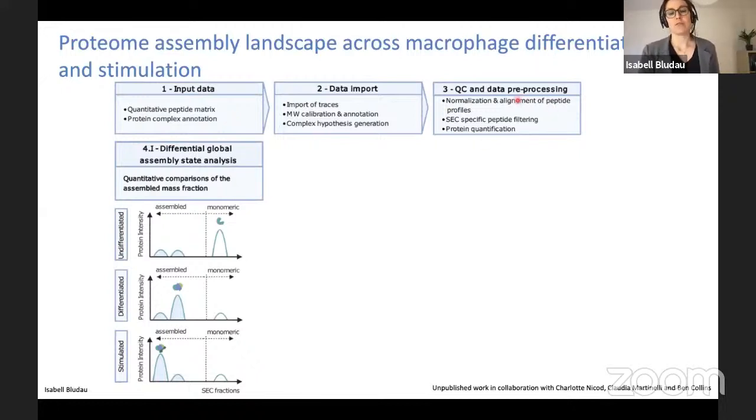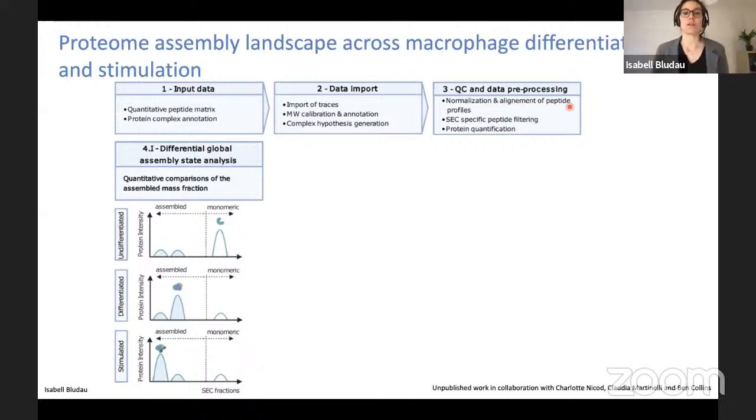And then we have several pre-processing modules, for example, that include normalization of intensities across conditions and replicates, and an alignment of the profiles between SEC runs. We then perform our SEC-specific filtering that I mentioned and do protein quantification. Following this initial pre-processing, we can then do differential analysis on 3 different levels.